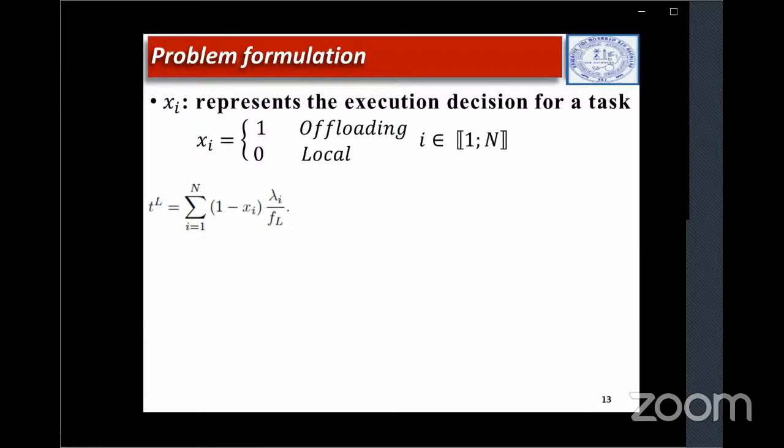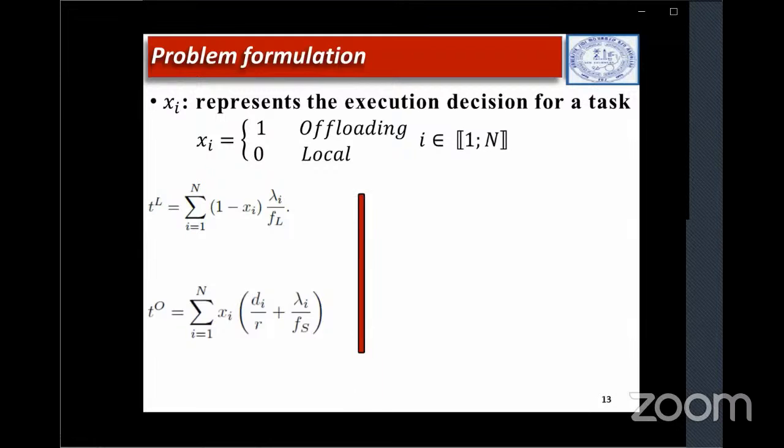Then TL, the processing time for all tasks performed locally by the SMD itself. TO, the processing time for all tasks performed by the edge server. Consequently, the total energy consumption while executing all tasks that were decided to be locally executed in the SMD is given by AL.